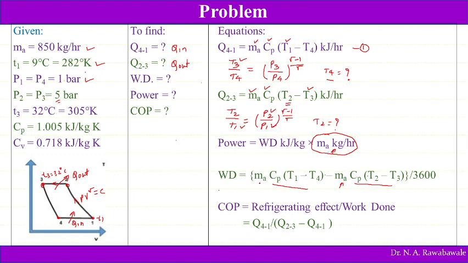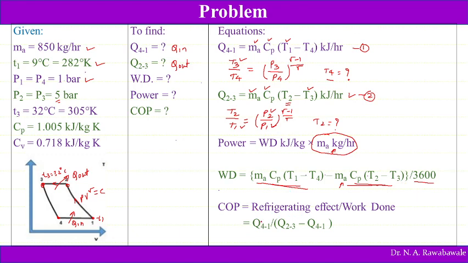So here to find out Q4 to 1, we are using this formula, and Q2 to 3 we are using this formula. So already we are going to get it here by equation 1 and 2, this first part and second part. Directly we will get work done in kilojoules per hour. So that is divided by 3600 to convert it into kilojoules per second. Then COP is equal to refrigerating effect divided by work done.